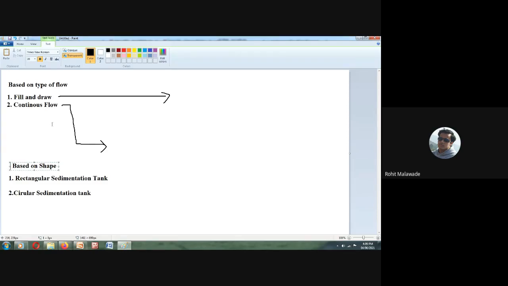Now, can anybody tell me what the fill and draw type of sedimentation tank might be?